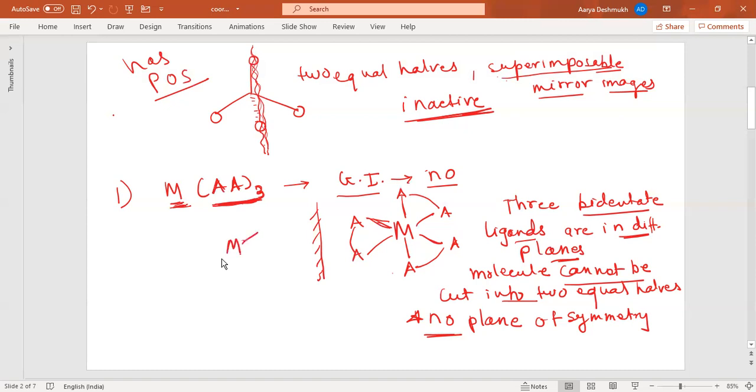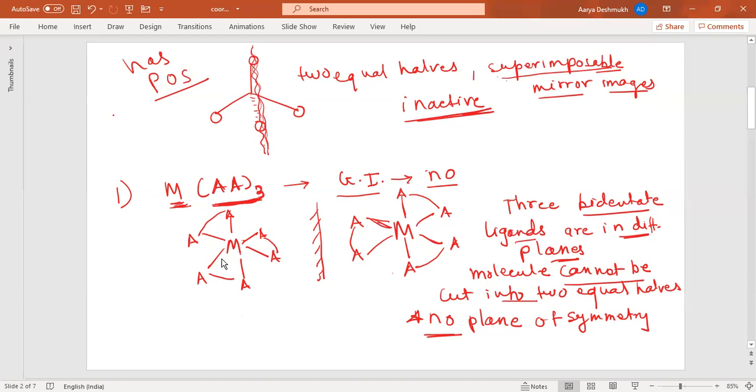This is the metal octahedral. Now the optical isomer for this will be like this. AAA, 6 are there. So these are the mirror images of one another.